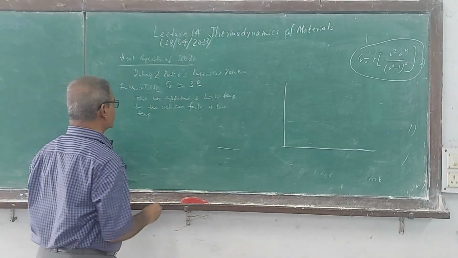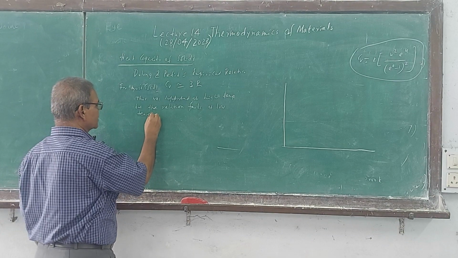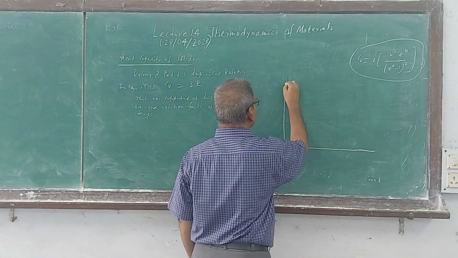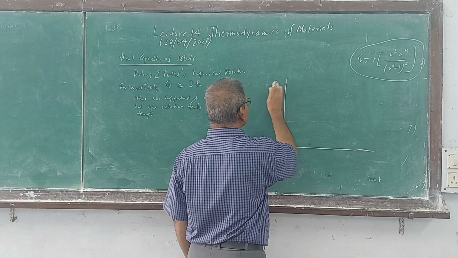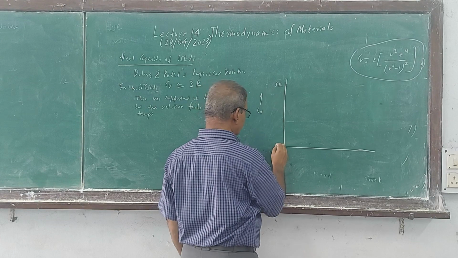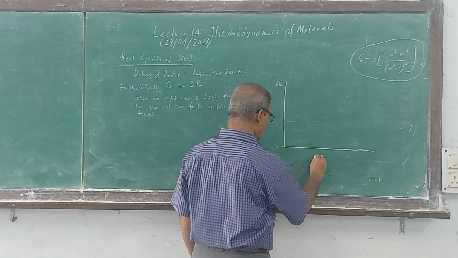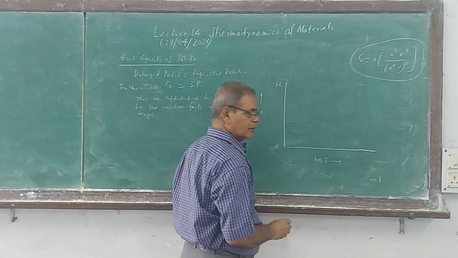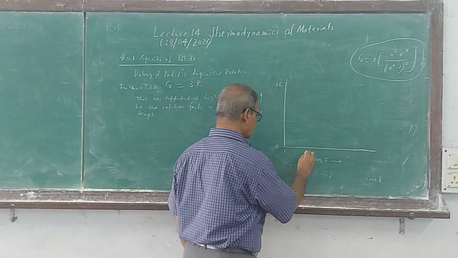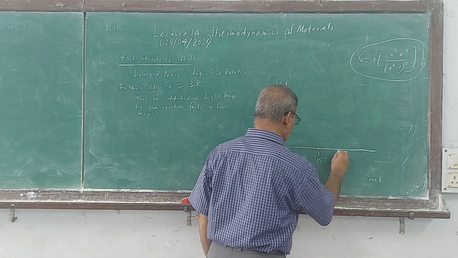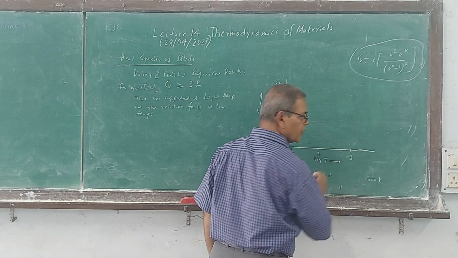But the relation fails at low temperatures. For example, this is the figure, I will show you. This is your 3R, and Cv, this is your 0. Again, it is log T in this scale, 1, 2, 3.